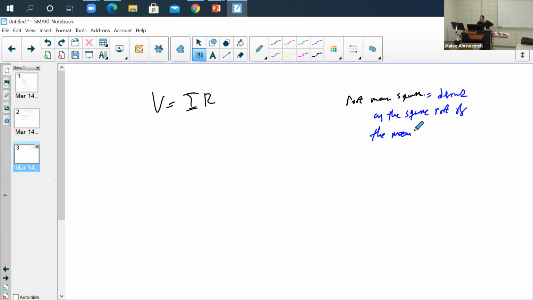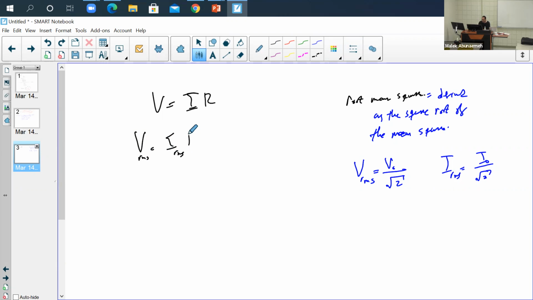In our case, your V root mean square, your voltage for the root mean square, is your V naught divided by the square root of 2. And what we're going to see in a little bit is that your root mean square for I equals your I naught over the square root of 2, which we're going to go back to in a little bit. So your V equals your IR means your root mean square for your voltage equals your root mean square for the current multiplied by your resistance.